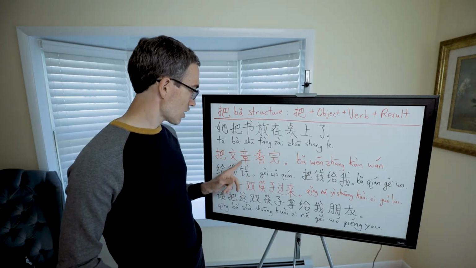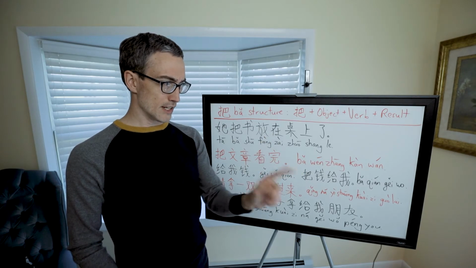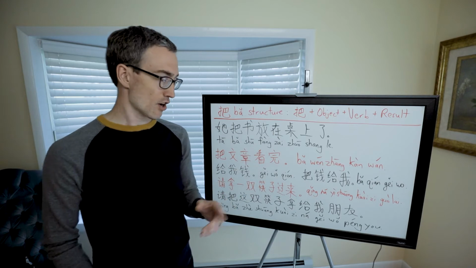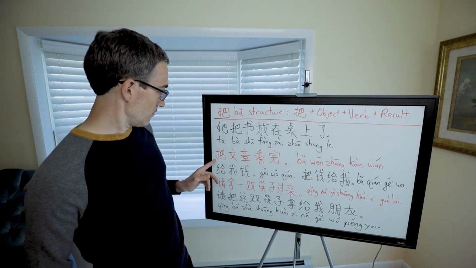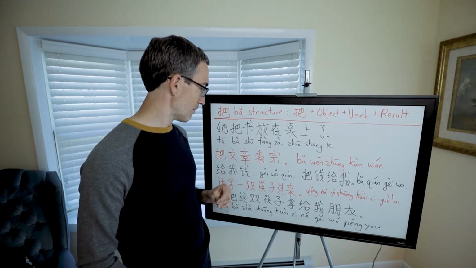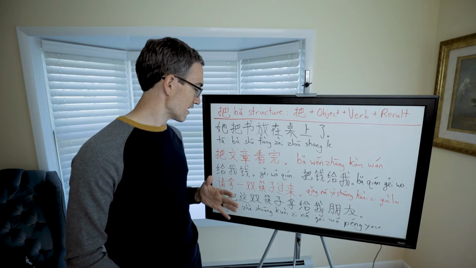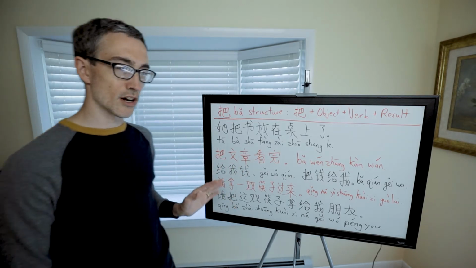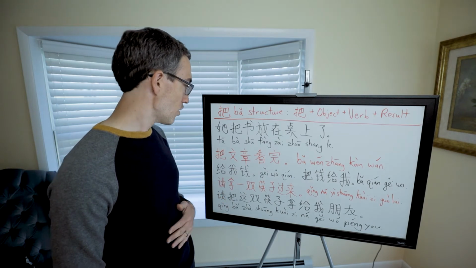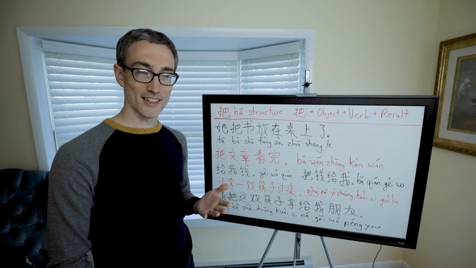So 把文章看完 could be a command: read the article in its entirety. 把文章看完, finish reading the article. Or it could be someone talking about something he plans to do without using the subject in the sentence. So it could be a command, or someone not mentioning the subject in the sentence itself. Okay, so there are a couple examples of what it looks like and what it is.